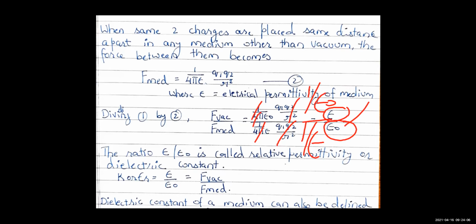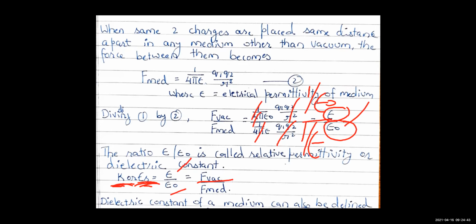This ratio is known as the relative permittivity, which is shown by the symbol epsilon r, or it is also called the dielectric constant K, which is equal to the electrical permittivity in a medium epsilon upon the electrical permittivity in the free space, that is epsilon naught, which is equal to F vacuum upon F medium. So this constant is known as relative permittivity or dielectric constant.